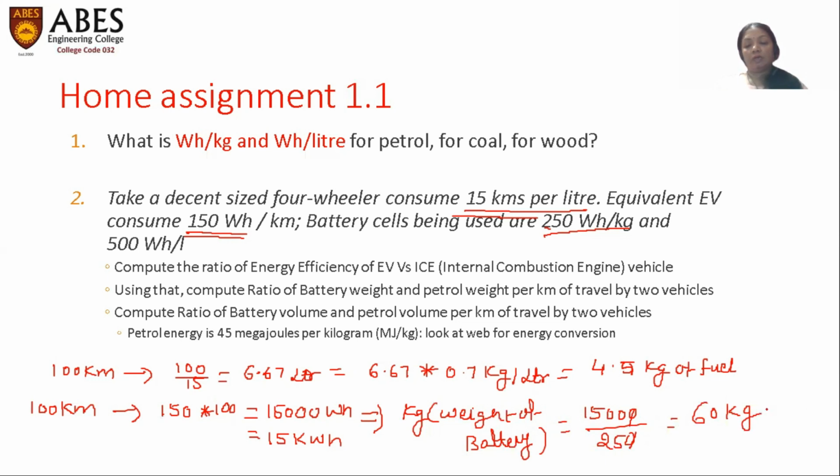Now you see the weight of battery is 60 kg and the weight of fuel was 4.5 kg. So you see the comparison that for making the vehicle run for 100 kilometers, the weight of petrol would be 4.5 kg and 60 kg of battery would be required for it.